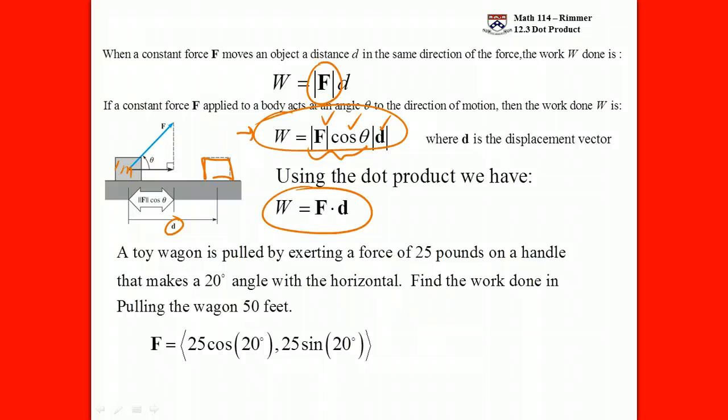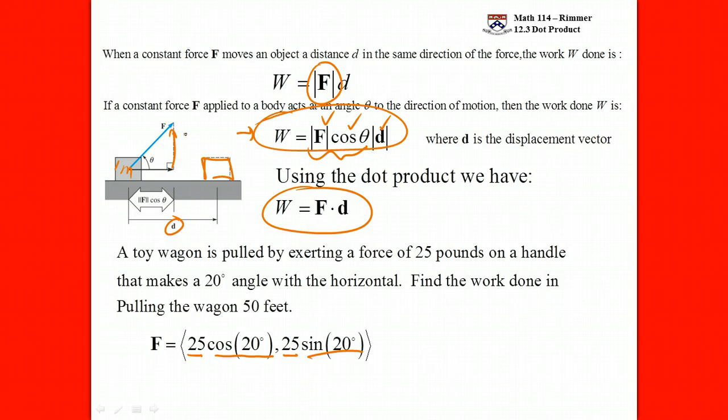Our force vector, we have to break it down to its i and j components. We have to project it in the direction of the displacement. We have to project it down in the direction of d, and we find that by doing the cosine of the angle times the magnitude of the vector, like we did earlier with the traffic light question. And then the sine of the angle times the magnitude of the vector would be this.